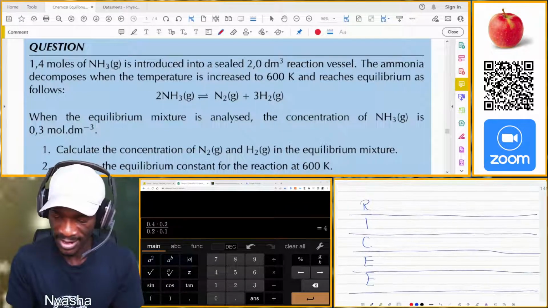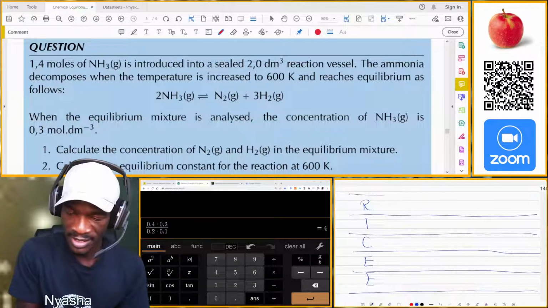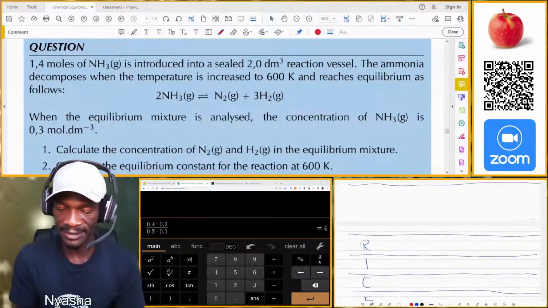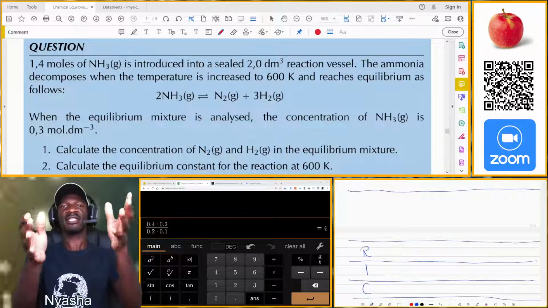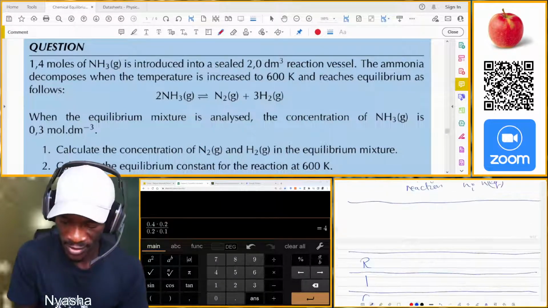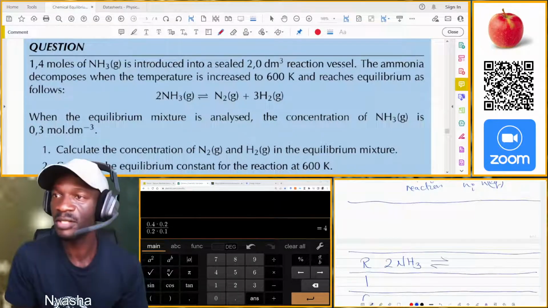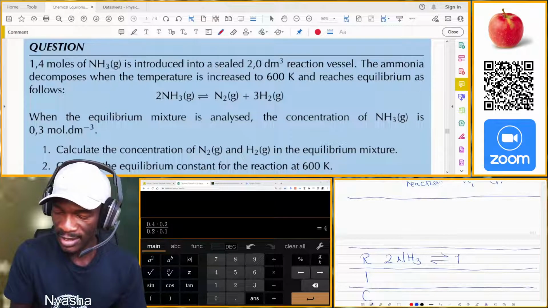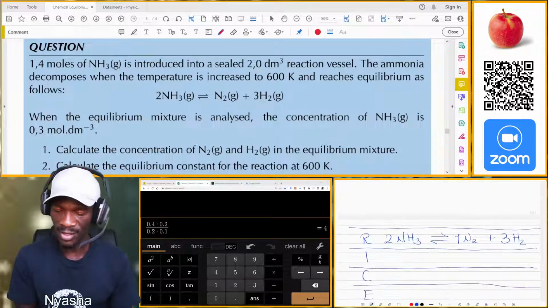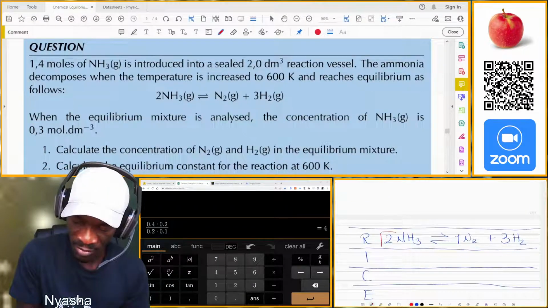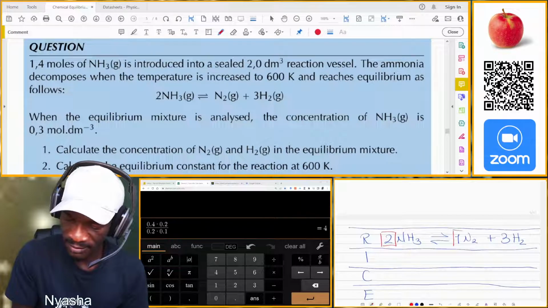On our Rice table, the first thing is the chemical reaction, in its balanced state. So this is our 2NH3, which will decompose to 1N2 plus 3H2. These numbers are the most important numbers.